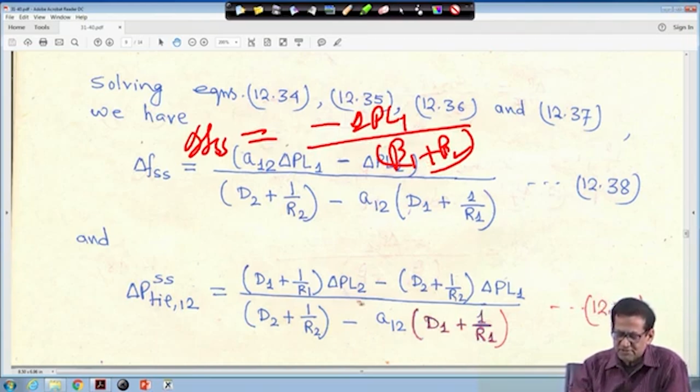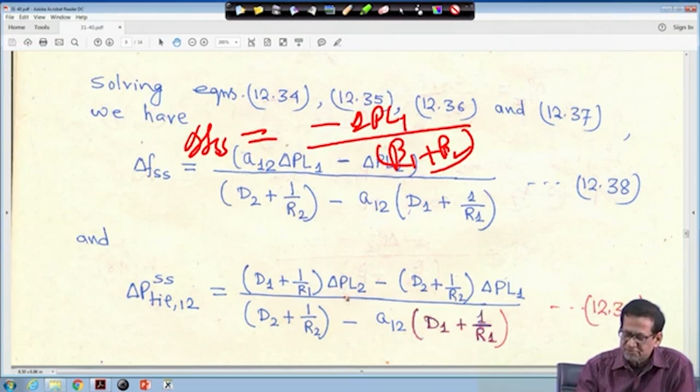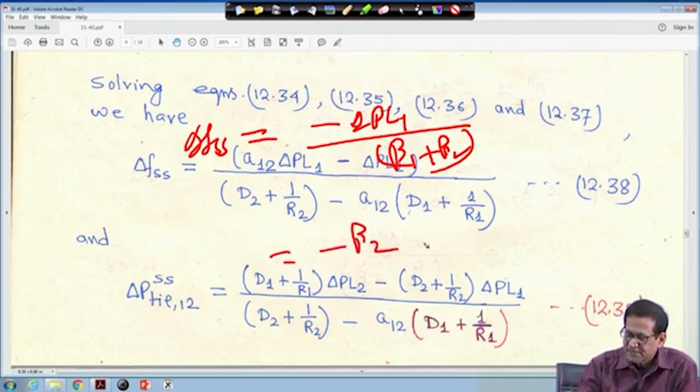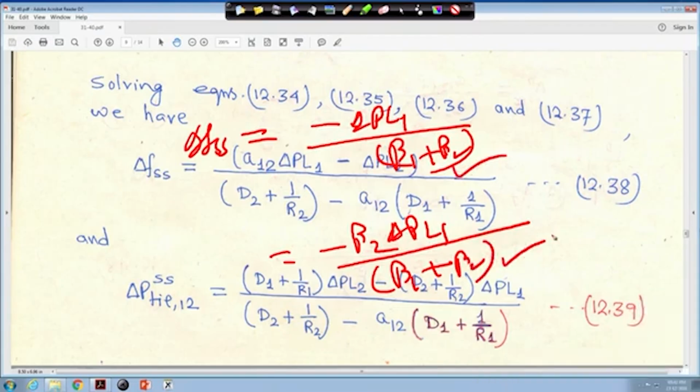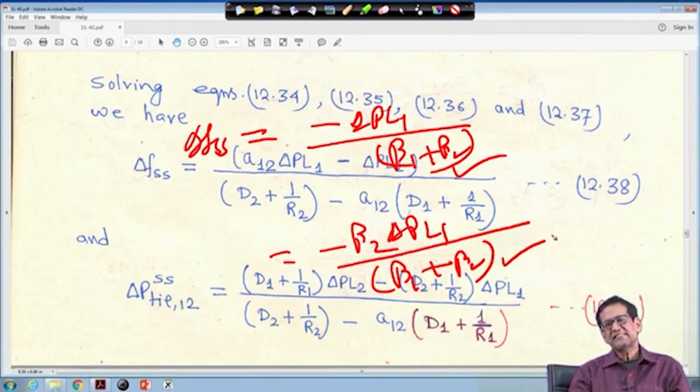Similarly, for tie power, if delta PL2 is 0, then it will be minus beta 2 delta PL1 divided by, again, beta 1 plus beta 2. So, in both the cases the denominator is the same, when we take the area capacity ratio to be the same.